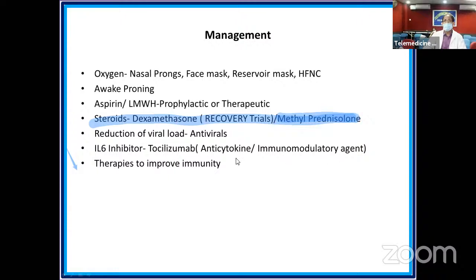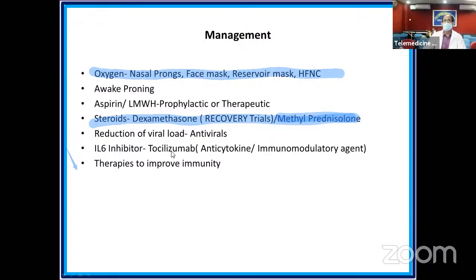These are immunomodulator anti-cytokine drugs, that is tocilizumab. Many rheumatologists have good experience with tocilizumab. But tocilizumab is not a very wonder drug. It can cause severe infection, secondary bacterial infection, fungal infection. So giving this drug is a double-edged sword.